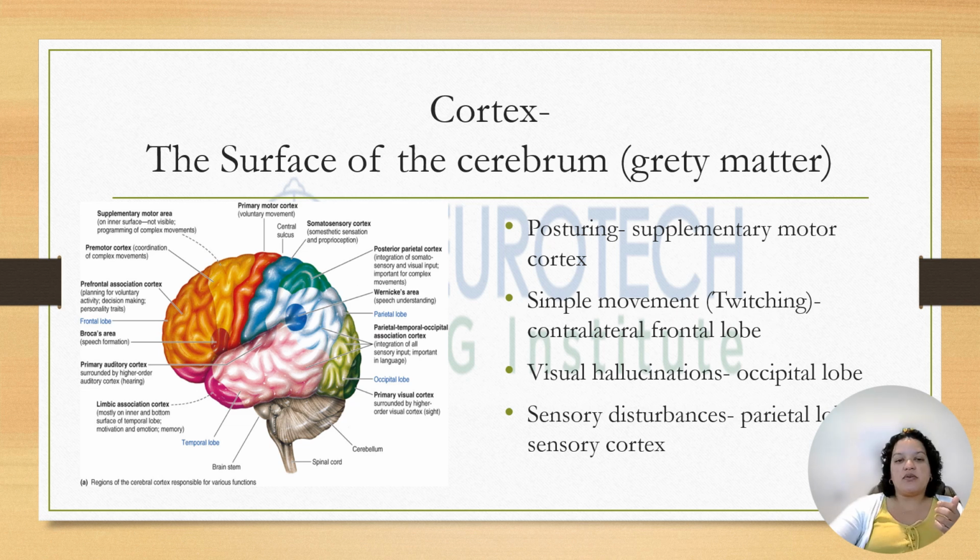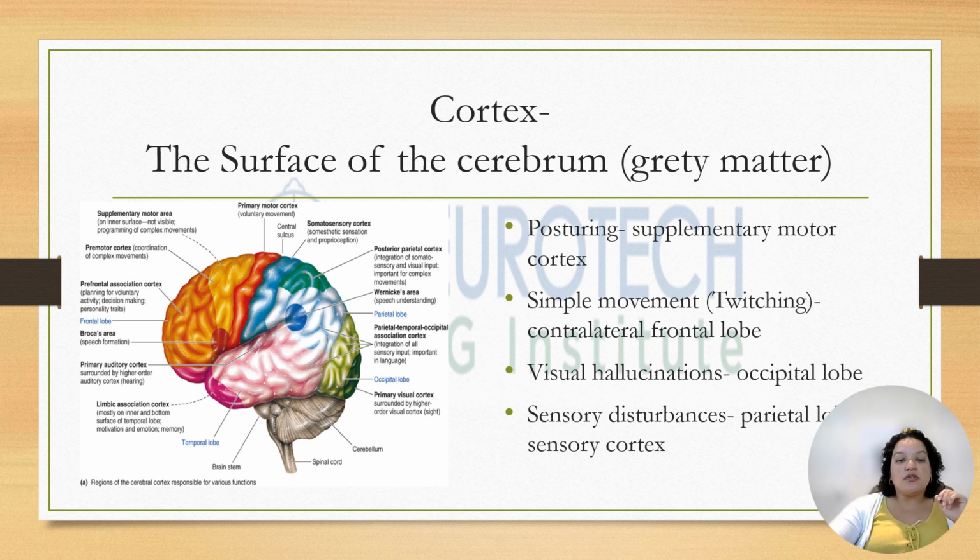It is right here under the premotor cortex. So if they say posturing, and this is one of the choices, you want to pick supplementary motor cortex.